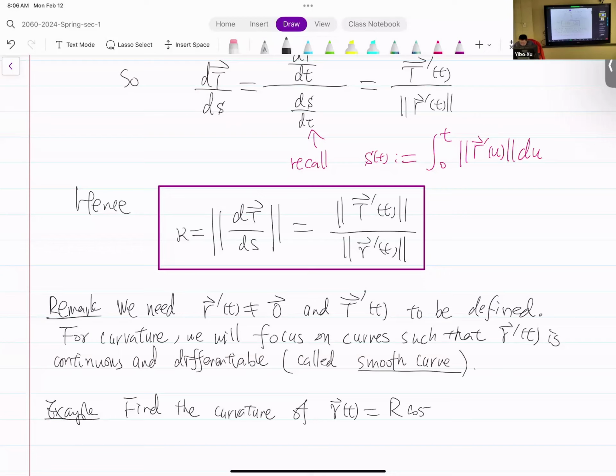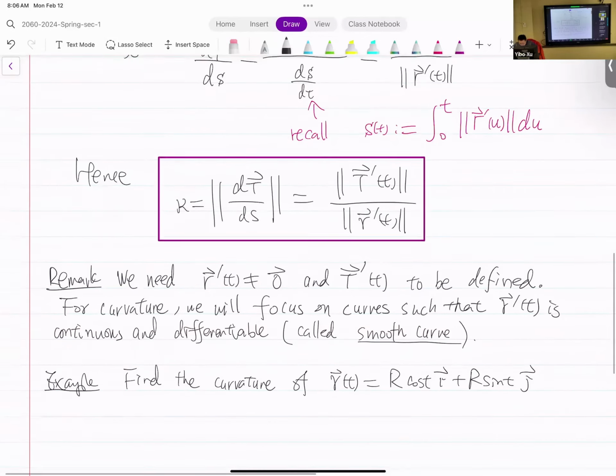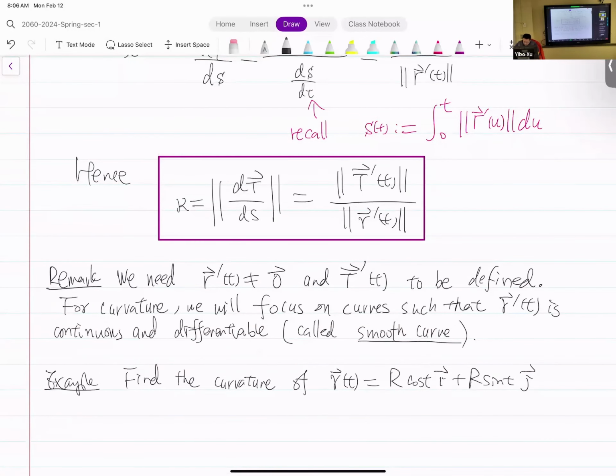So R cosine t i plus R sine t j. Here, R is just the radius of the circle, and we want to know the curvature at any time point t. R is a positive constant.